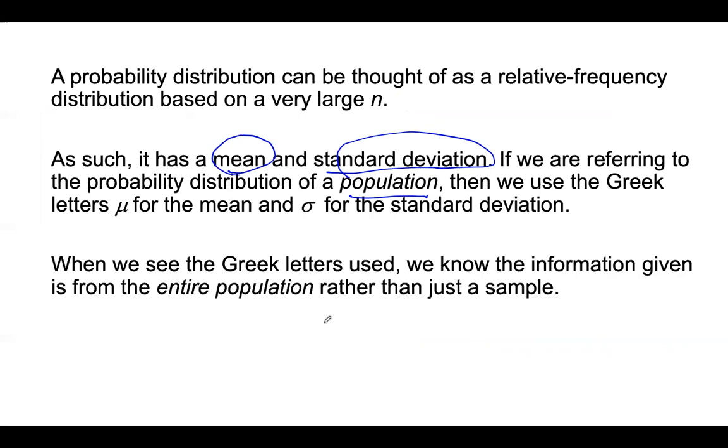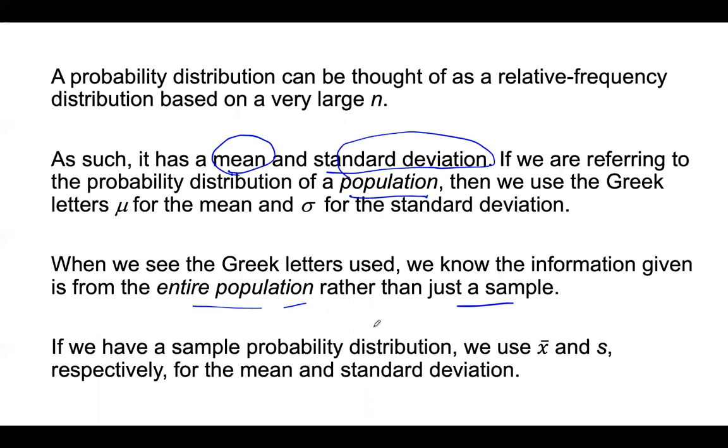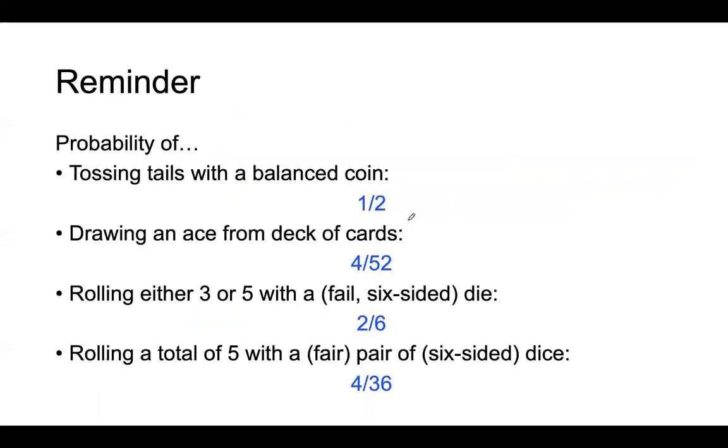When we see the Greek letters used, we know the information given is from the entire population rather than just a sample. If we have a sample probability distribution, we use x bar and s respectively for the mean and standard deviation. So this is for the sample, and this for the population is these. So it's just about remembering the notation.